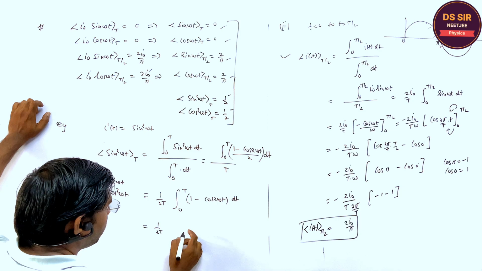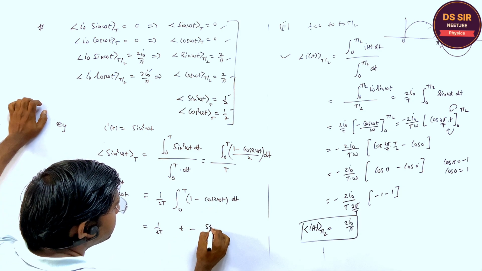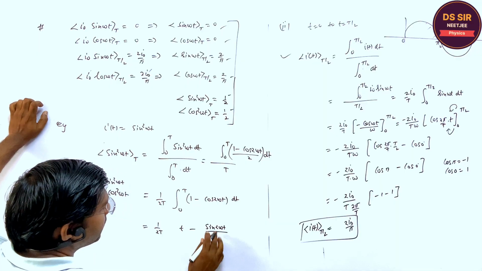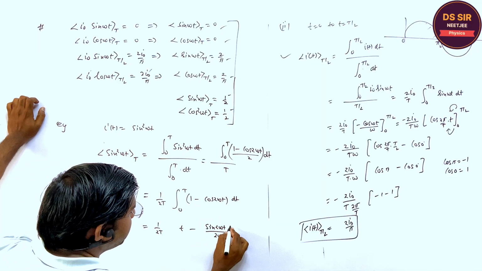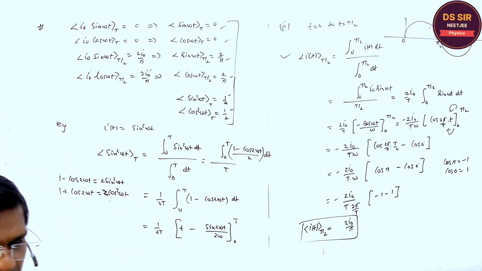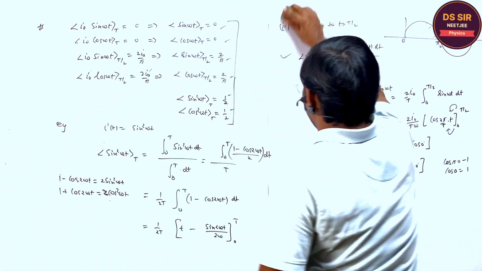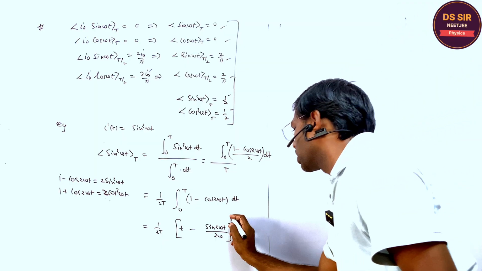You have to integrate this. What is the integration of 1? It is small t. The integration of cos 2 omega t is sin 2 omega t upon 2 omega, since the multiplication by 2 comes in division when we integrate. Is it clear? Now we can put the limits, first the upper limit, then the lower limit.